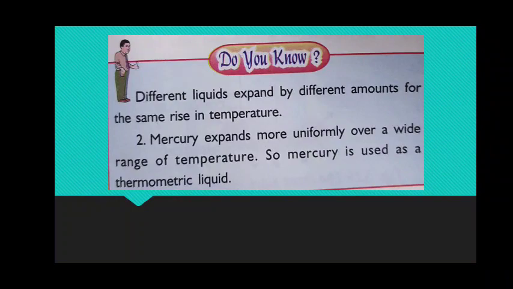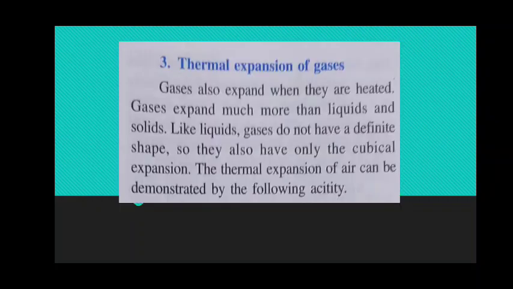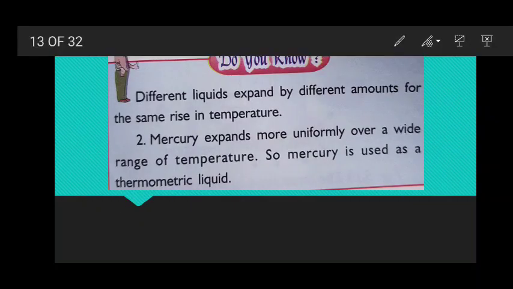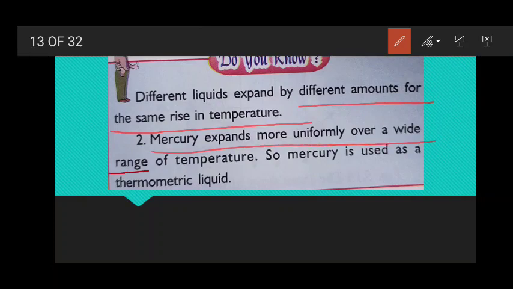Different liquids, again like solids, expand by different amounts for the same rise in temperature, and mercury expands more uniformly over a wide range of temperature, and that is why mercury is used as a thermometric liquid.